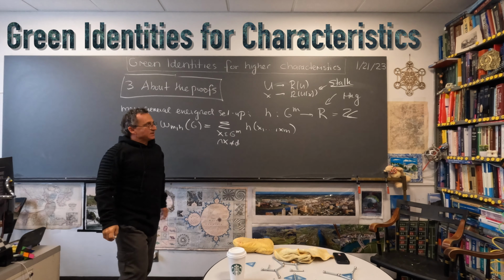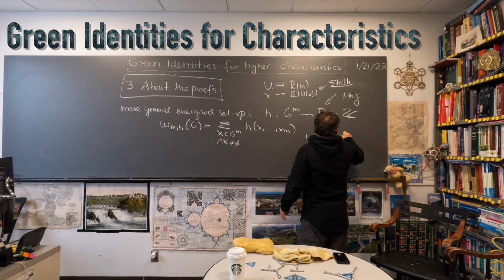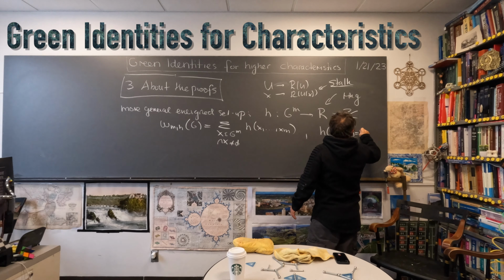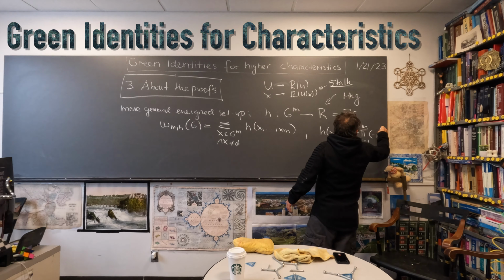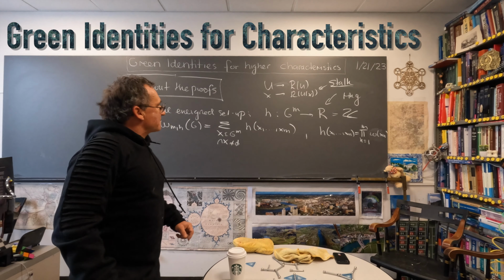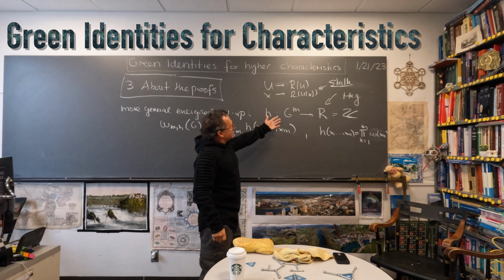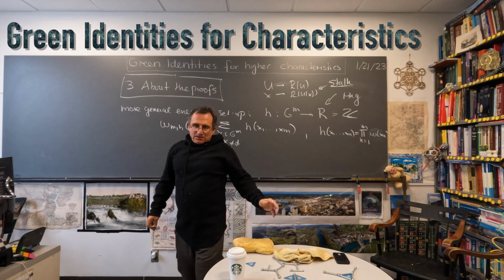So this generalizes the setup where h of x1 to xm is the product, the plus or minus 1 cases. We don't even need the ring structure.